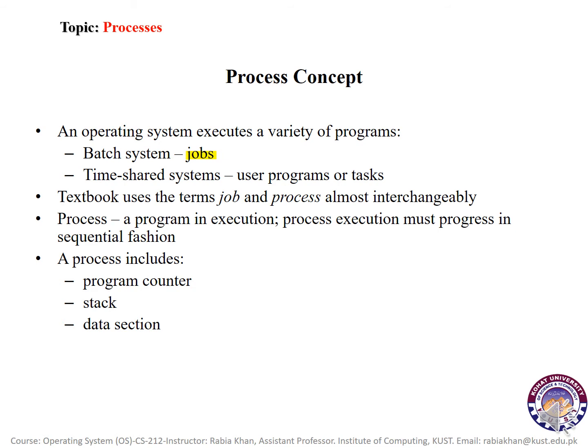So a job is that type of user program, user task or user application which is in rest condition. It is not being executed on processor. While on the other hand, a process is mainly a program, a user job, a user task, a user application which is in execution. So there is a slight difference between the two.